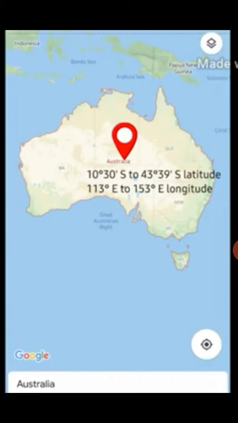For example, the extent of Australia is 10 degree 30 minutes south to 40 degree 39 minutes south latitude and 130 degree east to 153 degree east longitude. Here we have taken two parallels and two meridians.